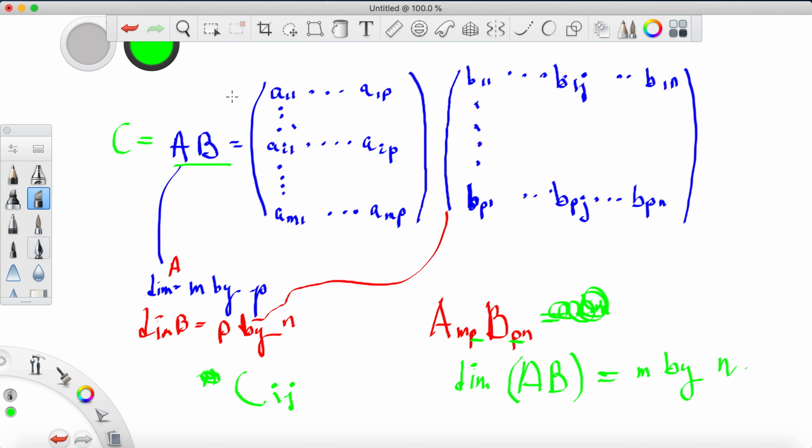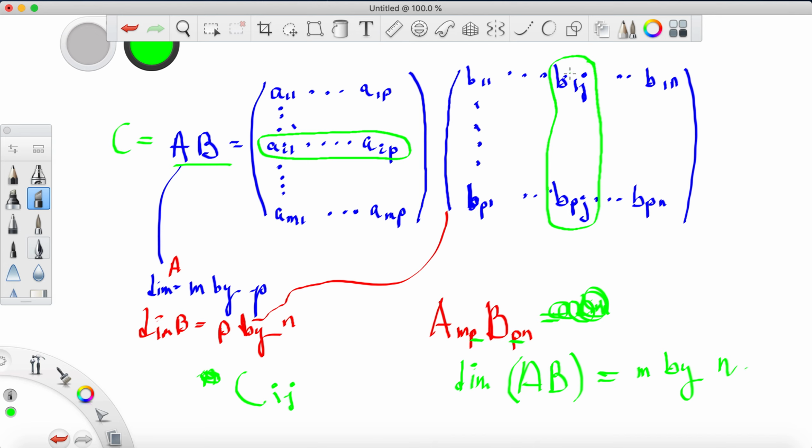It's not exactly clear, but in fact, what you do is you pick out the ith row from the first matrix and the jth column from the second one. Because we know how to multiply vectors, these are both vectors. The first one's a row vector, the second one's a column vector, and we know exactly what that is.